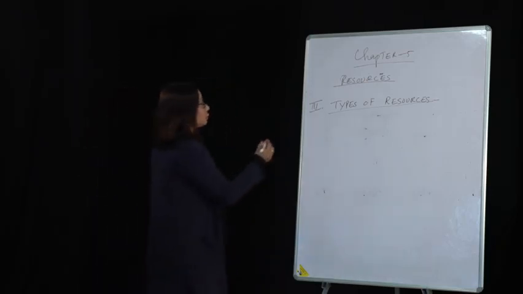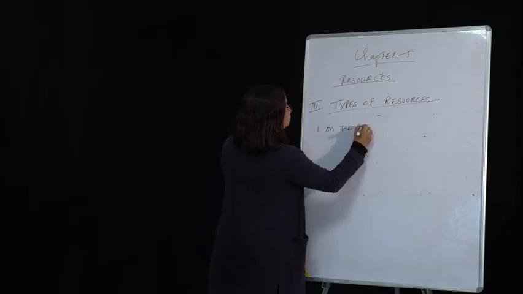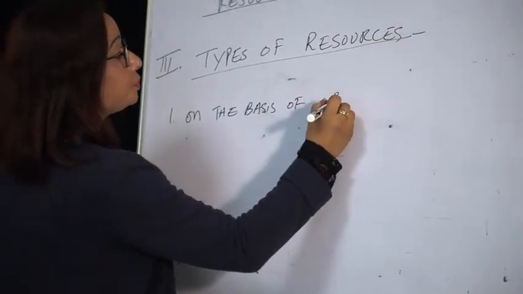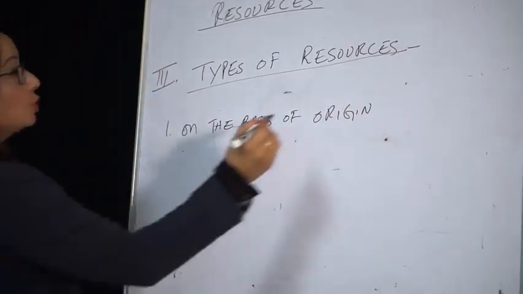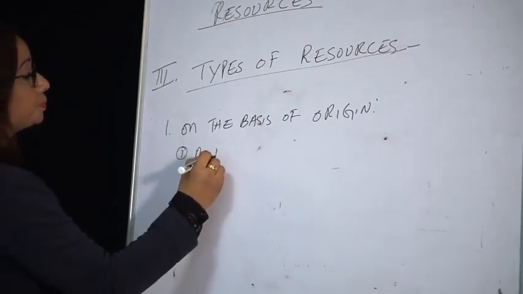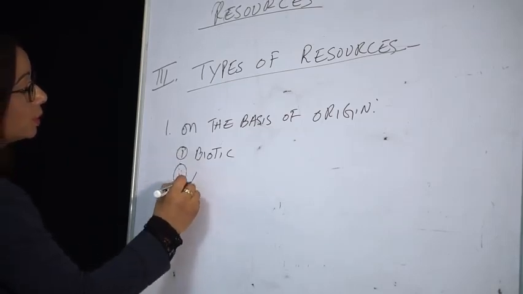So the first one is on the basis of origin. On the basis of origin, we classify it as biotic and abiotic.